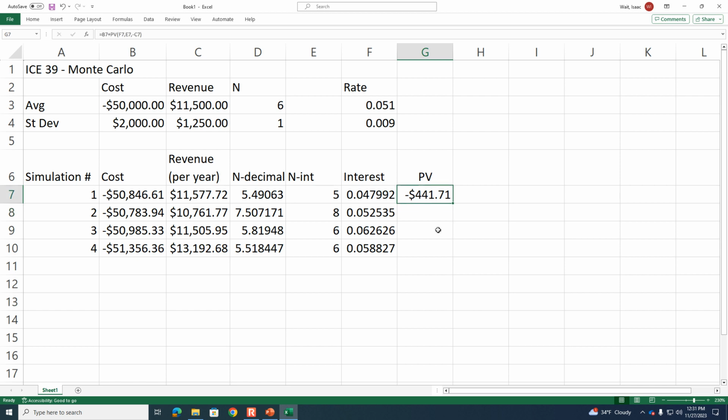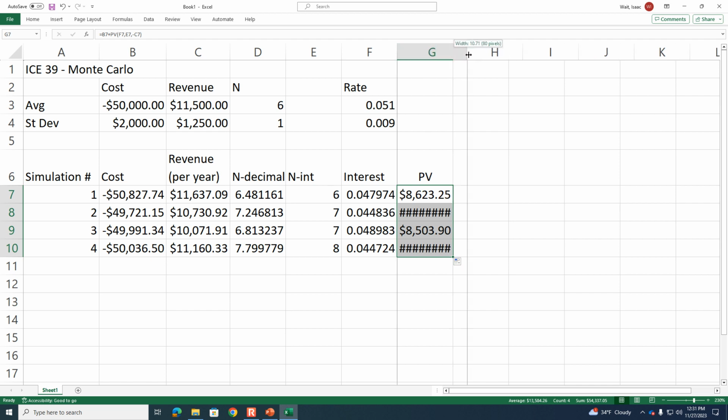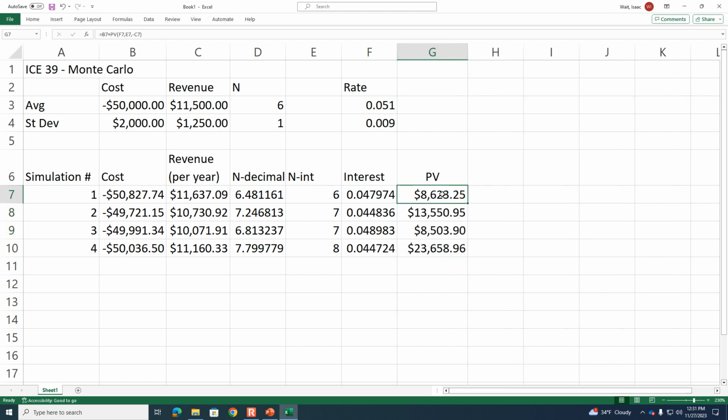Okay, so what we should see if we drag that down is that some of them are going to be profitable, some of them maybe not. If you calculate it multiple times, you'll see some that are negative, some that are positive. Okay, so that's the present value.